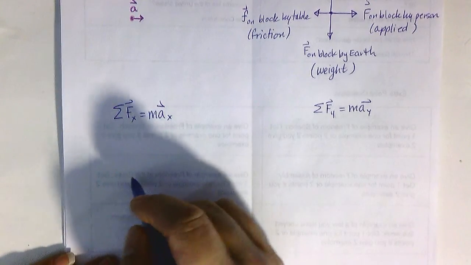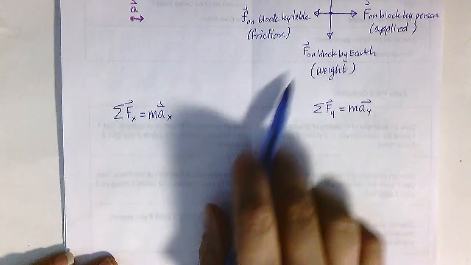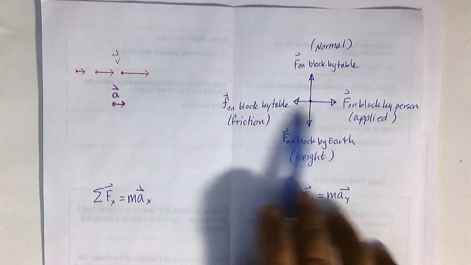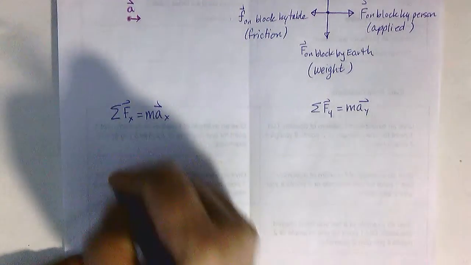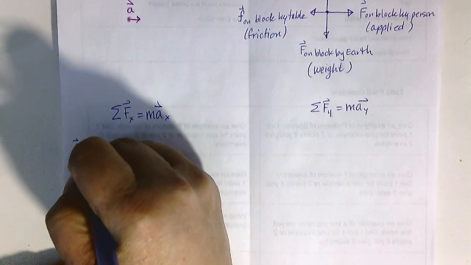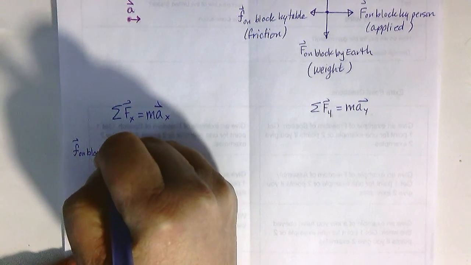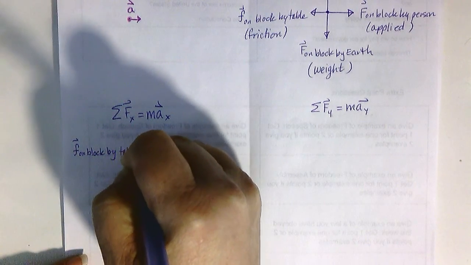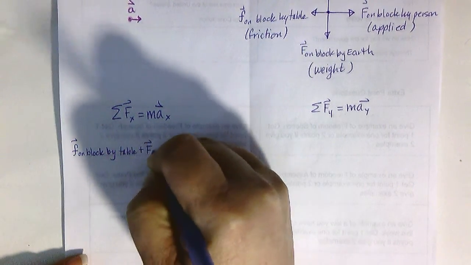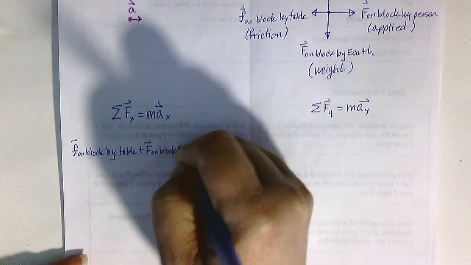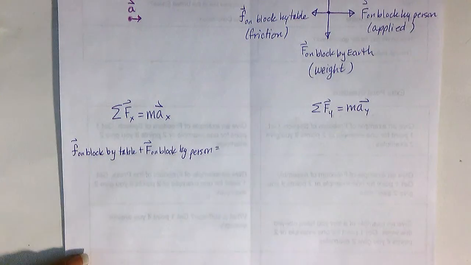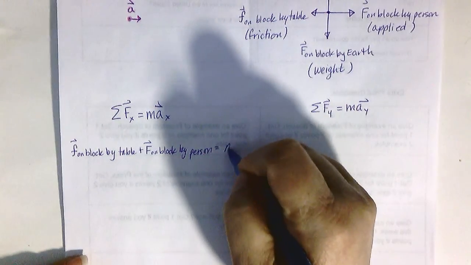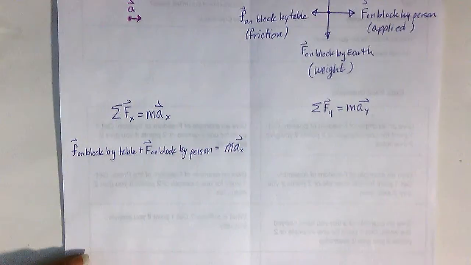Okay, so the first thing I'm going to do is go ahead and do x first. So let's add up all the forces on our free body diagram. I have friction and I have the applied force. So I have lowercase f on block by table plus capital F on block by person, and that's equal to m a sub x.